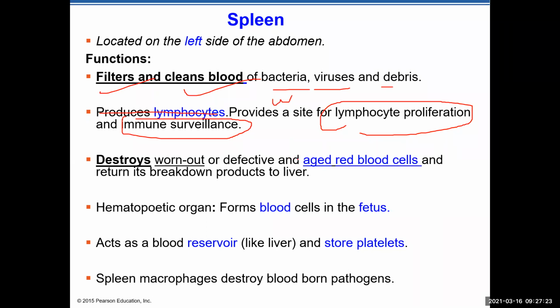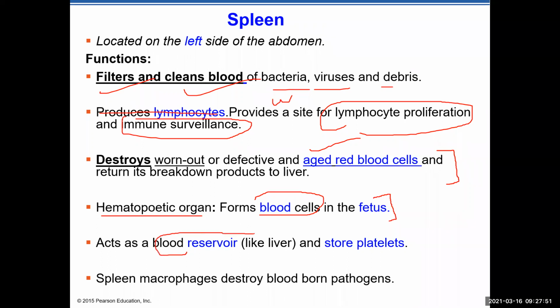Also, whatever age-old and destroyed RBCs we have are all processed in the spleen. When we are in the mother's womb as a fetus, the blood cells are not only formed in the bone marrow; some of them are formed there as well. So it's the most hematopoietic organ in the fetus. It also acts as a blood reservoir.